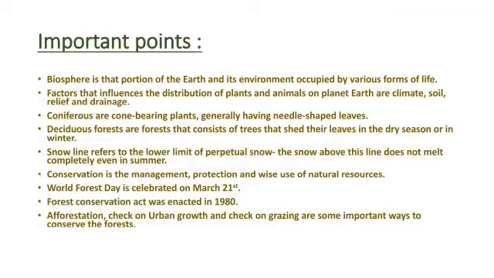Conifers are cone-bearing plants, generally having needle-shaped leaves. Deciduous forests are forests that consist of trees that shed their leaves in the dry season or in winter. Snow-line refers to the lower limit of perpetual snow. The snow above that line does not melt completely even in summer.